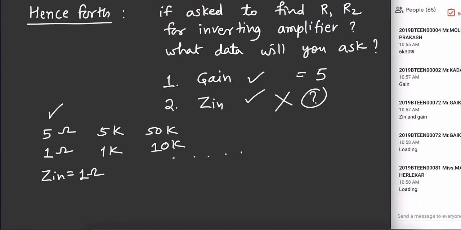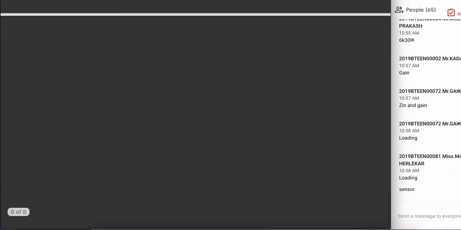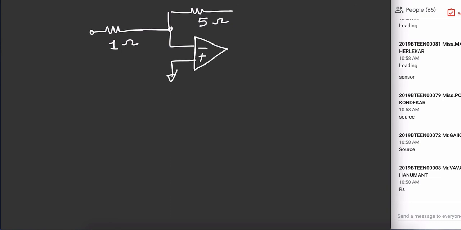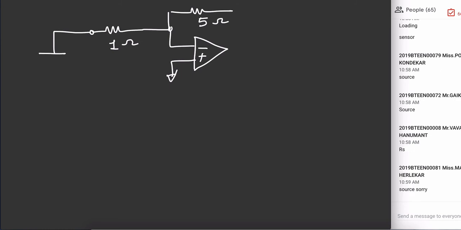It will be loading. Loading on what, Madhura? If we choose 1 ohm and 5 ohm as the resistor values, and suppose the input is 1 volt, then the current drawn by this is 1 volt divided by 1 ohm, that is 1 ampere.